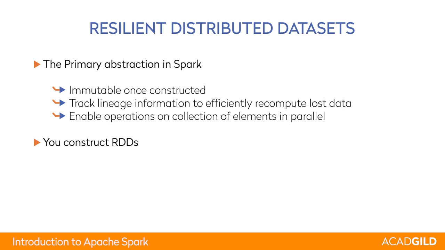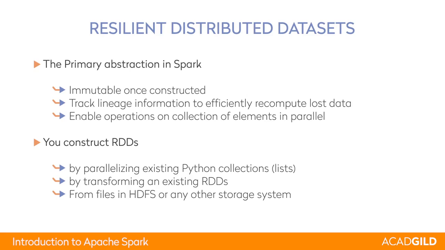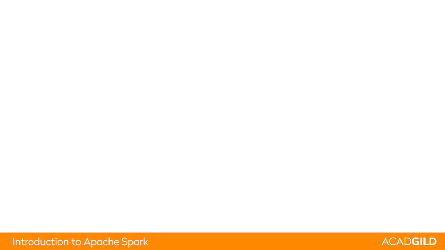RDDs can be created from any list in Python or from existing RDDs. These RDDs are immutable, so whenever you have to make any change, you will have to create a new RDD. Or you can create an RDD from any file present in any of these storage systems like HDFS or S3. Having taken this small idea about RDDs, it makes sense to go forward.